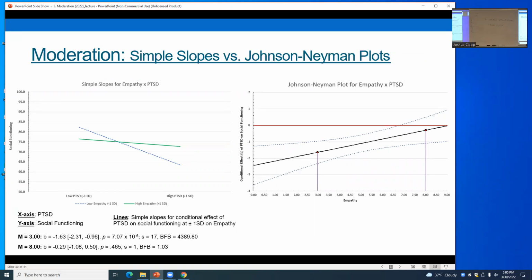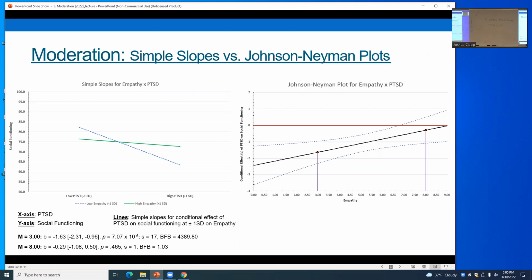Now this is a negative relation, so PTSD holds a negative association with social functioning for people at this level. For people at this level, we still have a negative value of something slightly less than 0. But if we look at the confidence bound for this point, it contains 0.